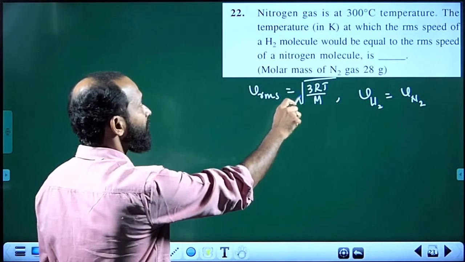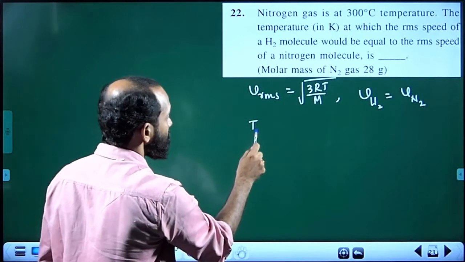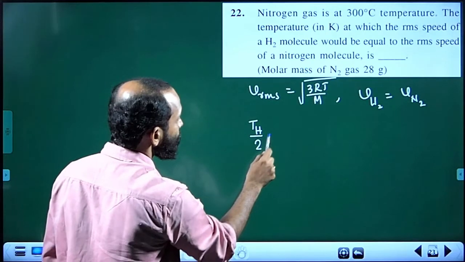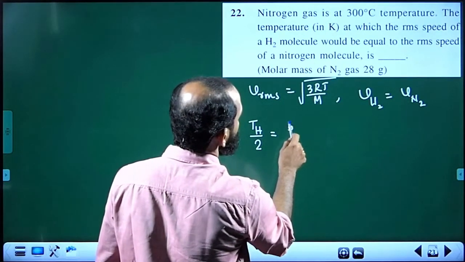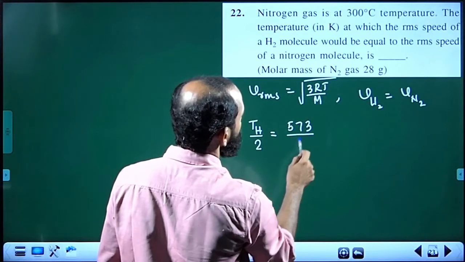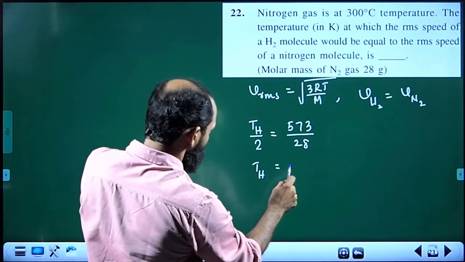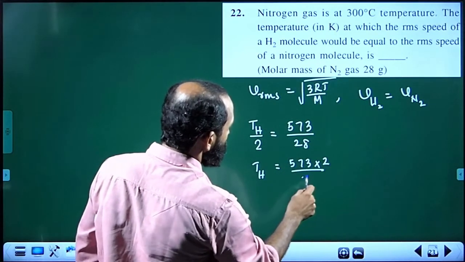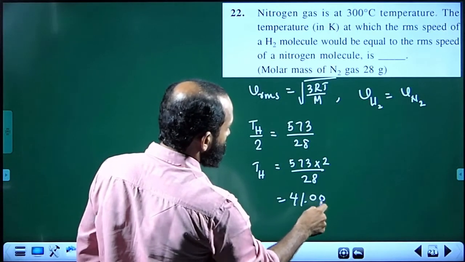On squaring, the roots get cancelled. Now 3R also cancels, that is T hydrogen divided by 2 is equal to T nitrogen divided by 28. T nitrogen in Kelvin is 573. So T hydrogen is equal to 573 multiplied by 2 divided by 28, and you will get an answer 41.00.